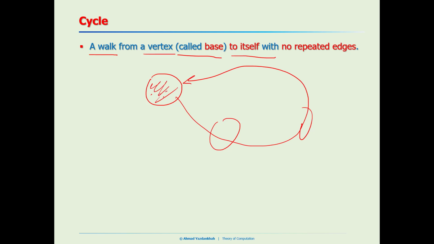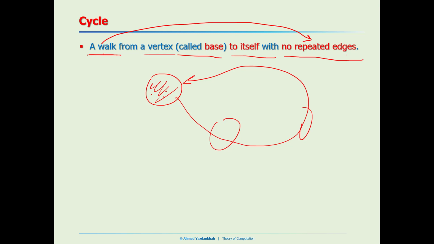In that case, we call it a cycle. But pay attention that it is a walk, first of all, with no repeated edges. So no edges should be repeated. So if you combine these two concepts, a walk with no repeated edges, it is equivalent to a path, right?